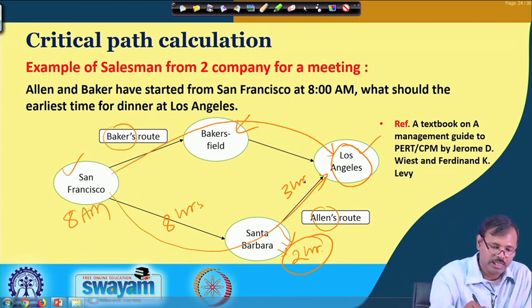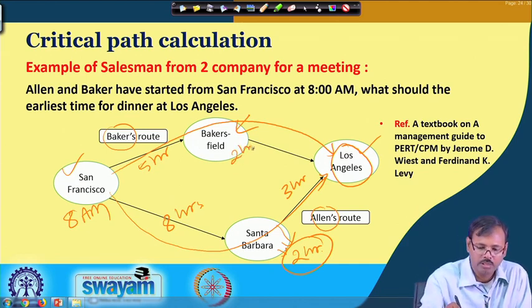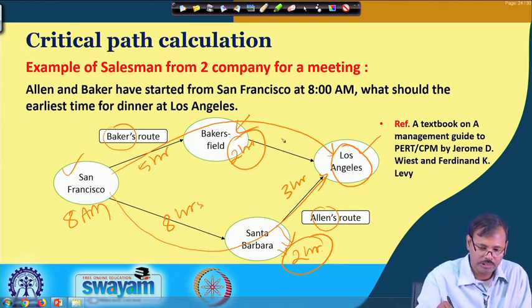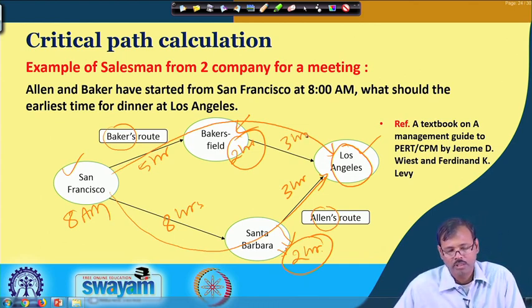However, Becker needs 5 hours to reach Bakersfield. He will also take 2 hours for a lunch or meeting with his friend. Then he will take 3 hours to go from Bakersfield to Los Angeles.